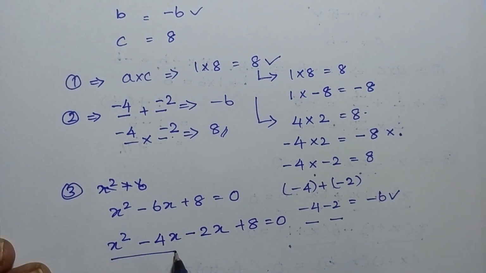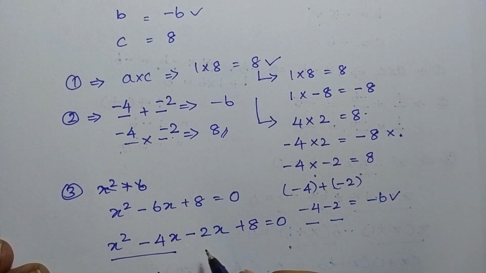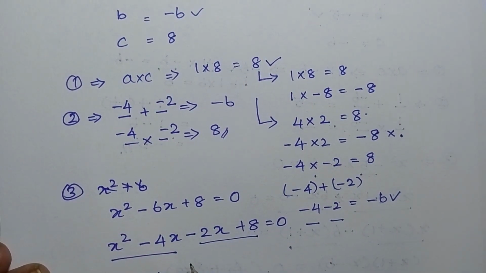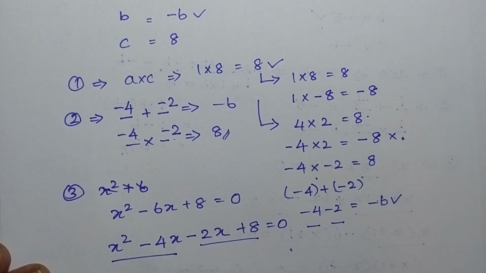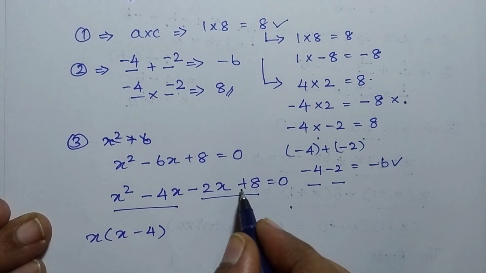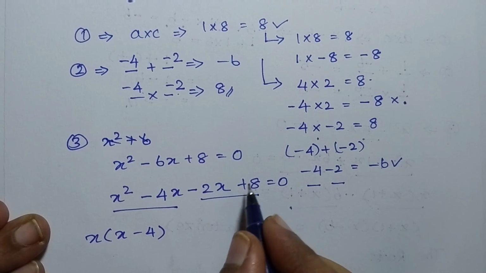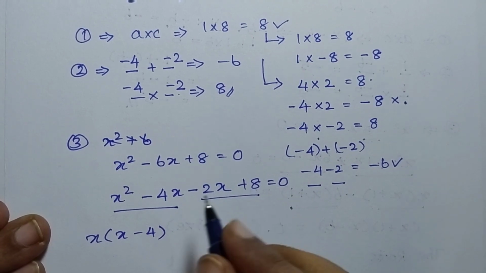If you see this, what will be common? X is common. Then x minus 4. If I see this, what will be common? 2 is common. But here I get minus, here I get plus. So in order to change this plus to minus, I am going to take a minus out.